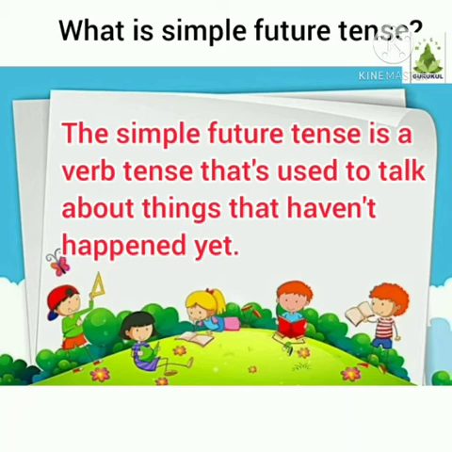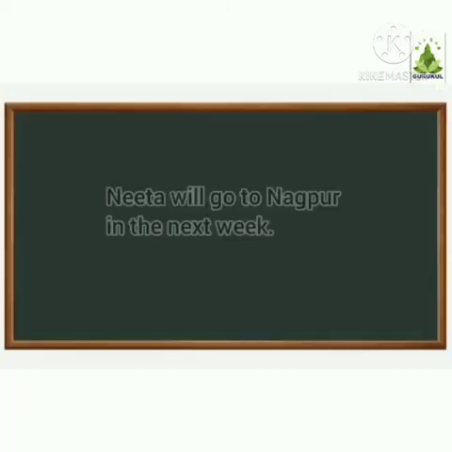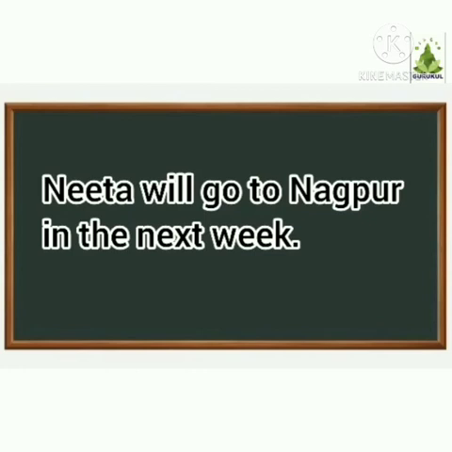For example, Neeta will go to Nagpur next week. If we read this sentence, we will come to know that Neeta has planned to visit Nagpur. This action is going to be completed next week.